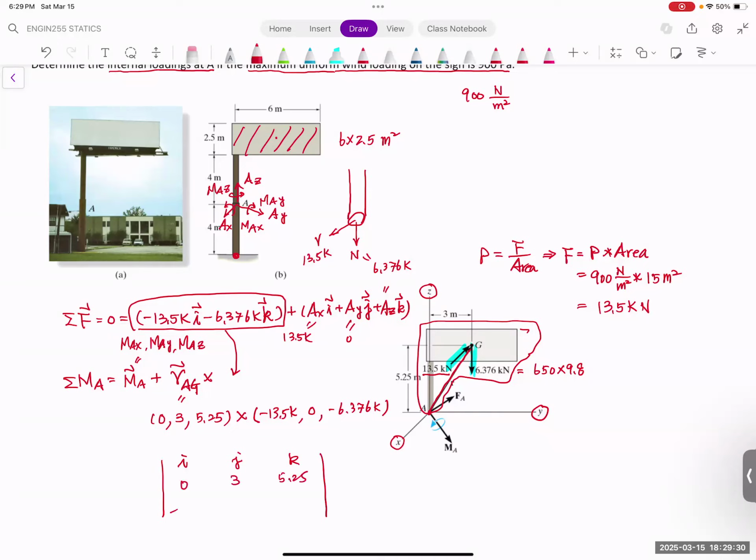The last one is going to be minus 13.5 thousand, 0, minus 6.376 thousand. And you find the determinant. This one plus MA is equal to 0, which means MA is going to be equal to minus of this. And once you do this, you will find the solution.